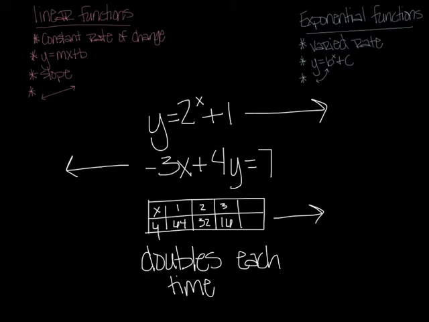Let's say that on your homework, the number of questions that you get correct doubles each time you do your homework. Is that linear or exponential? Good. That would be exponential, because doubling something means you're multiplying by 2. Multiplication is an exponential function.